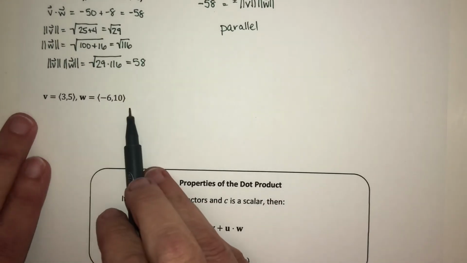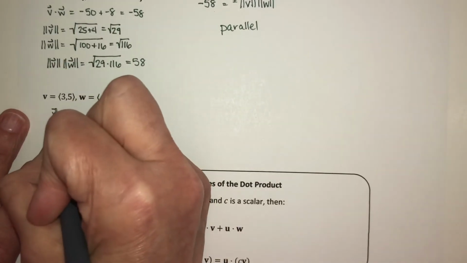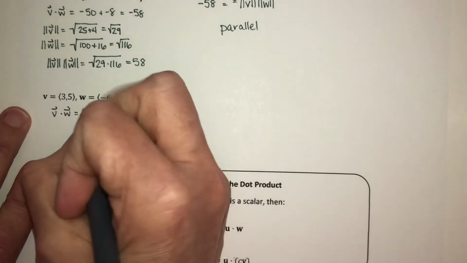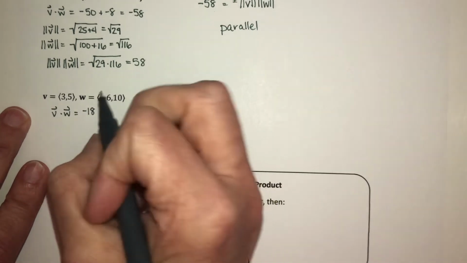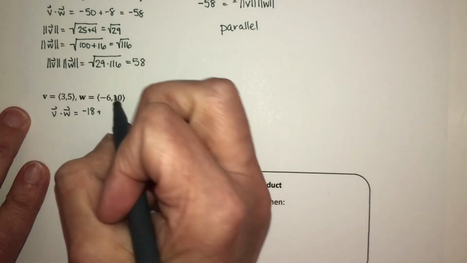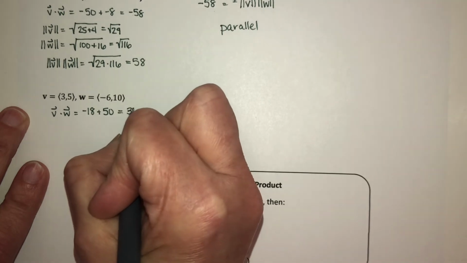Let's do the same thing here. Let's find v dot w. 3 times -6 is -18, plus 5 times 10 is 50, and this is equal to 32.